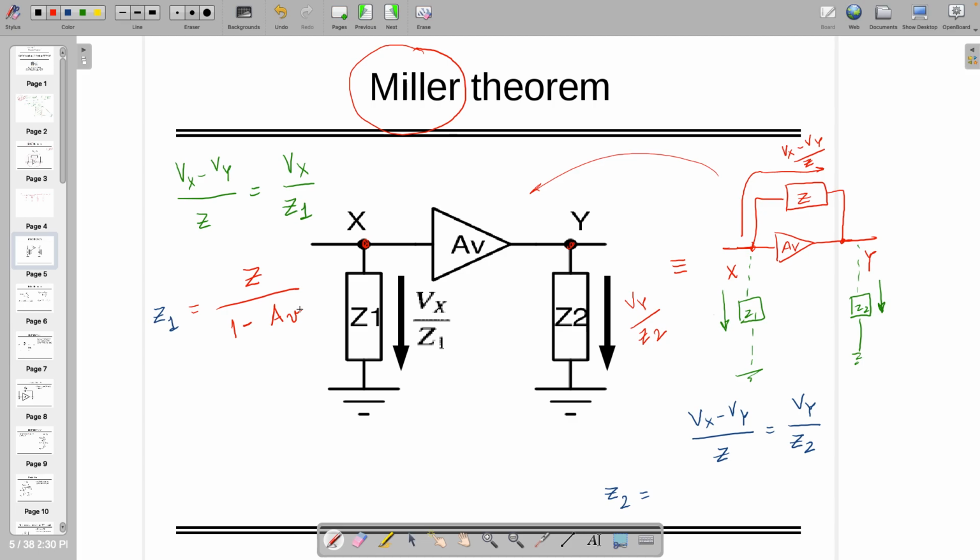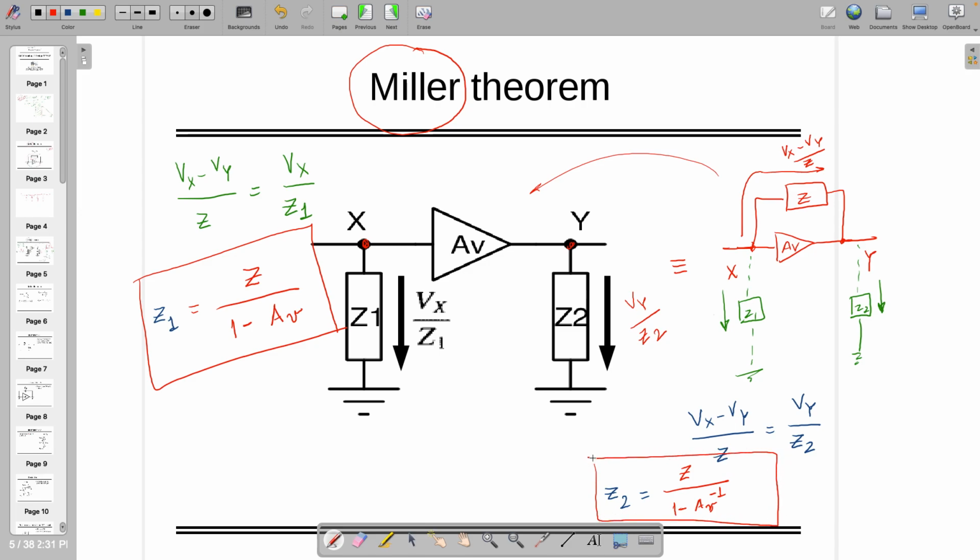Okay, right, so this is one answer. What about Z2? Z divided by 1 minus AV inverse. By the way, what Santosh asked: AV might be positive, might be negative, and it will change the polarity accordingly. So these are the answers. Keep them in your mind, and if you forget at any point of time, it's not difficult to derive them, it's very simple.